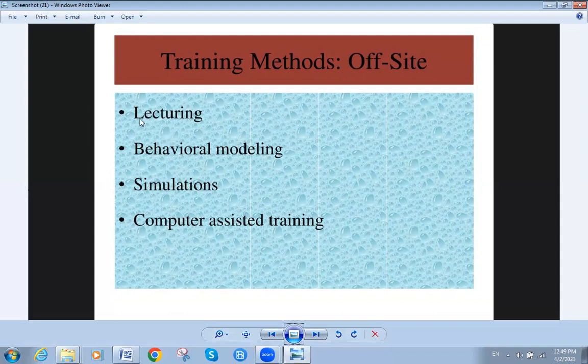What I have here is lecturing, as an example, just what I'm doing with you right now is lecturing, behavioral modeling, and simulation. In some places, for example pilots go inside a simulator. The simulator is exactly like the plane, like he's in the cockpit, and he does exactly the same job done inside the plane. So he practices flying while he's still on the ground.